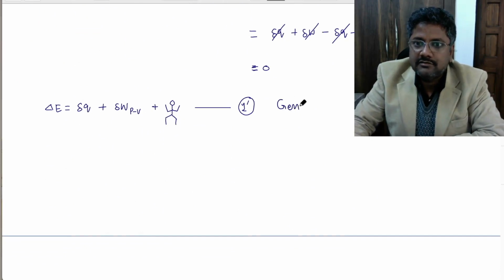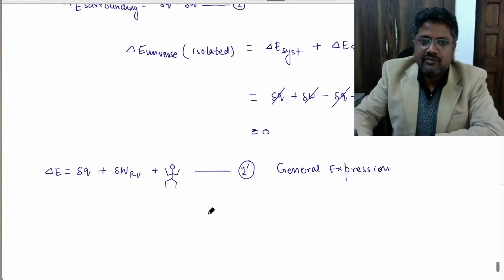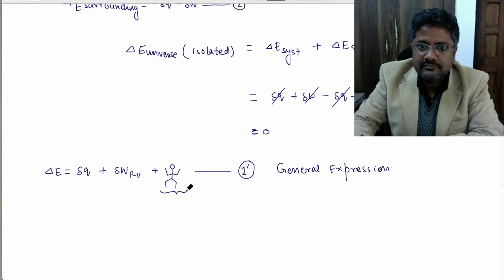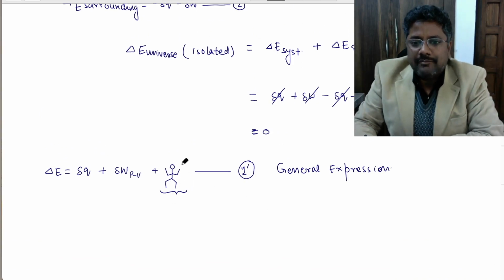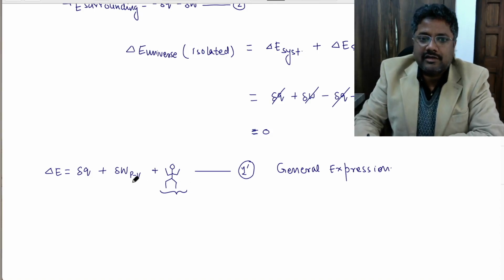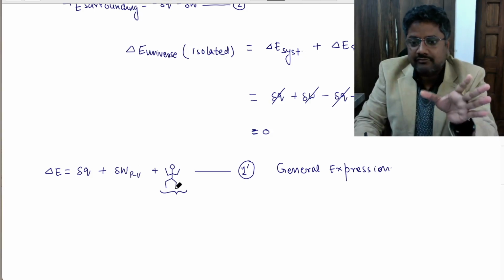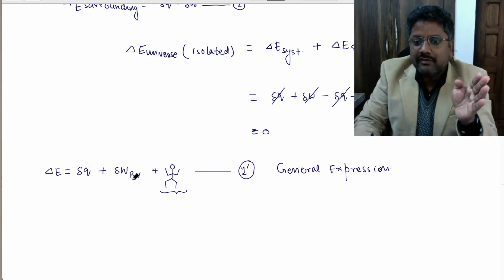General expression. What is this? This is called operator work. This is PV work. So along with this PV work, any kind of work we can add here. It is not that only PV work is there.